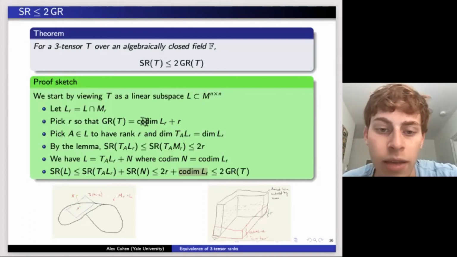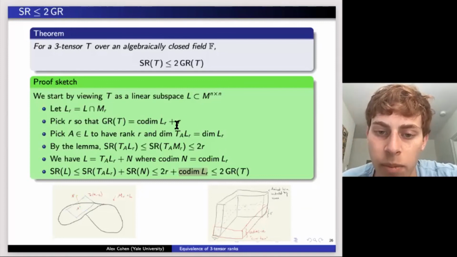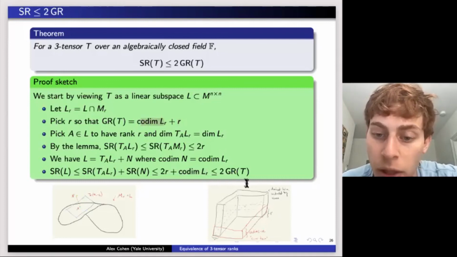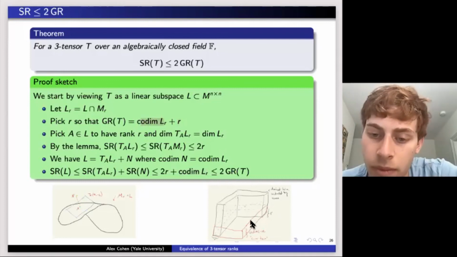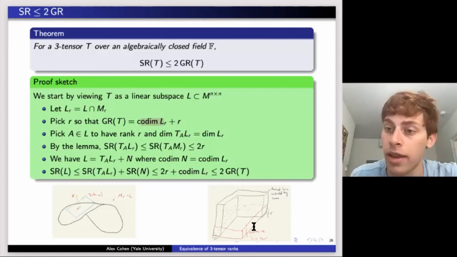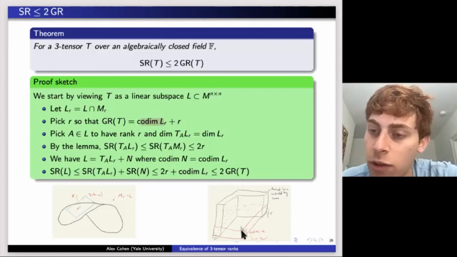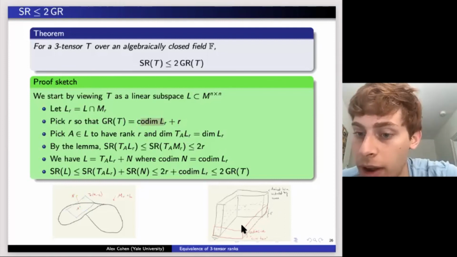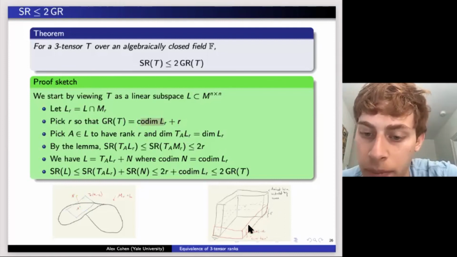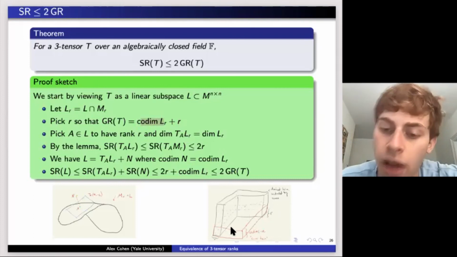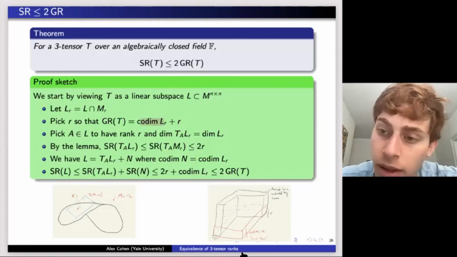Because of the geometric rank, R is small and the codimension is small, so the error term, which fills up the rest of the space to get to the whole thing, has to be pretty small too. And that is where you get the third flavor of slice rank from: that error term. So overall, you get all three flavors of slice rank.